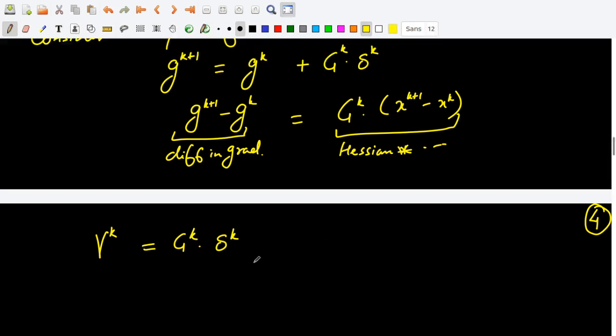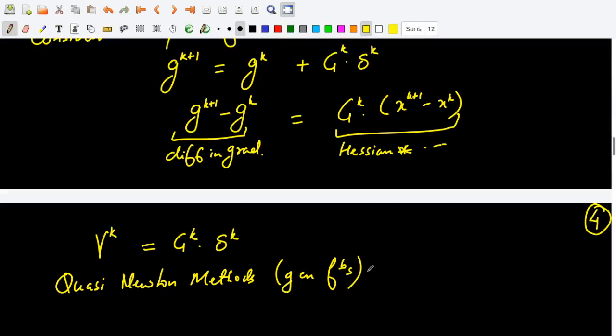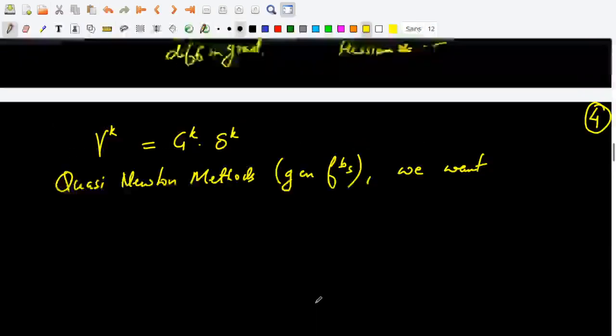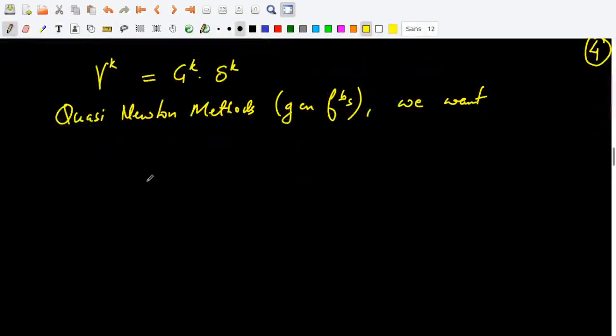So in quasi-Newton methods, for general functions also, this is a desirable property that we want from our H_k. Remember that we are free to choose H_k.